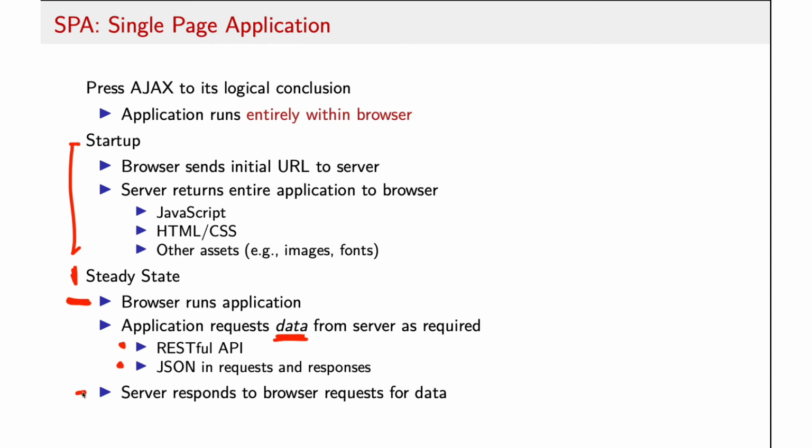And then the server's job becomes a little more focused, right? It's not any longer trying to supply the entire content of that web page to the browser. It's only responding with the data that's needed, so that the code that's running out there in the browser, this JavaScript, has the information necessary to update the user interface as appropriate.